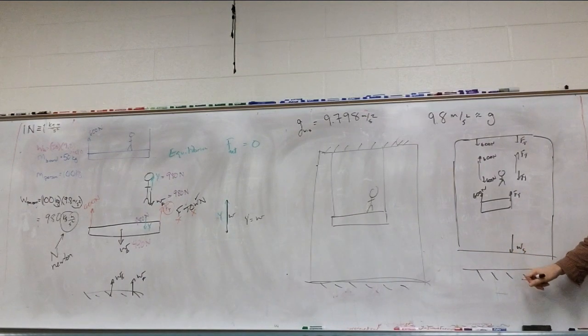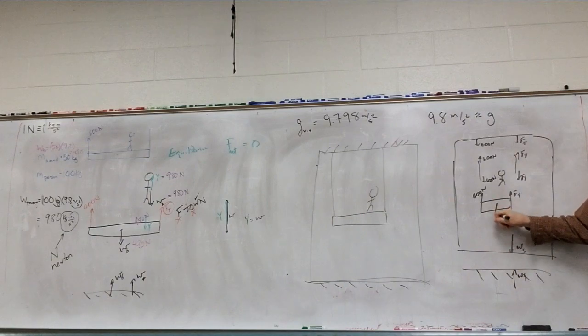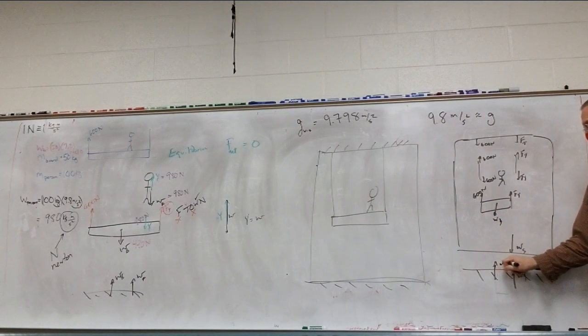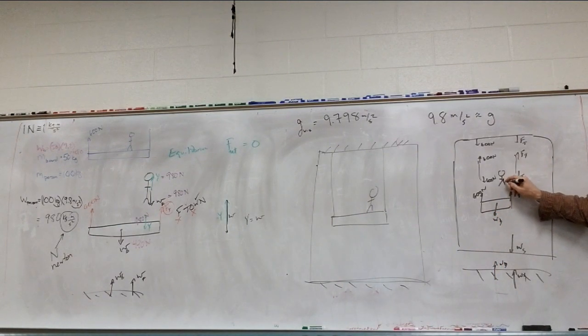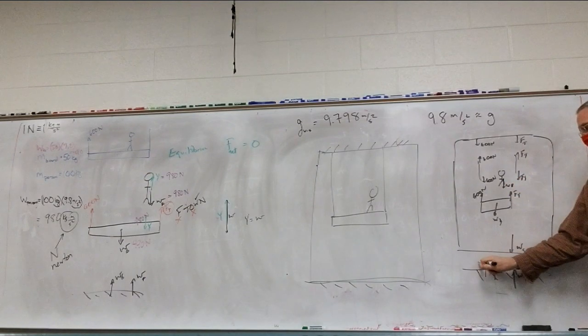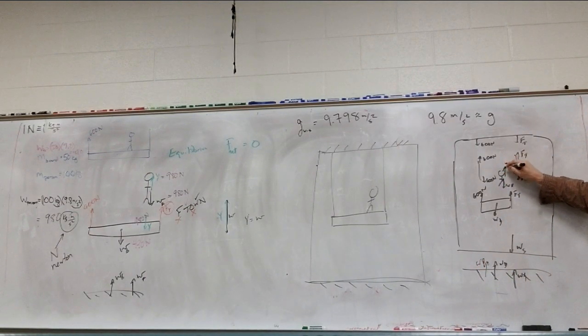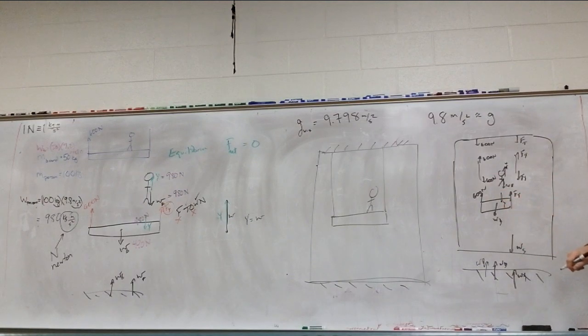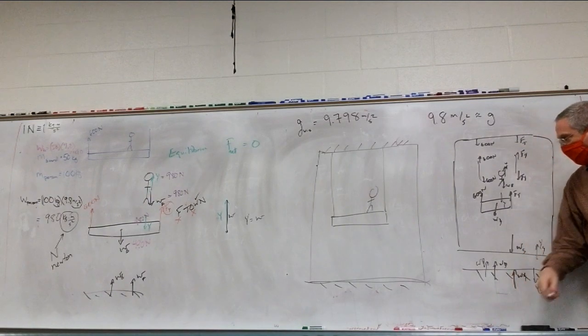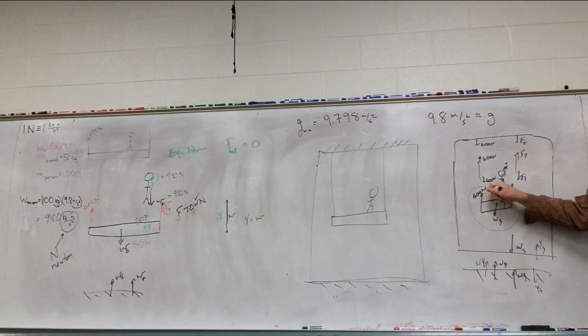Weight of structure, weight of board, weight of person, normal force up, normal force down, and normal force up on structure, normal force down on ground. All right. So if we did the whole self-contained thing, it would look something like that. I might have left something off, but that's hopefully the gist of it. Okay, thank you. And ultimately, all I still care about is just that.